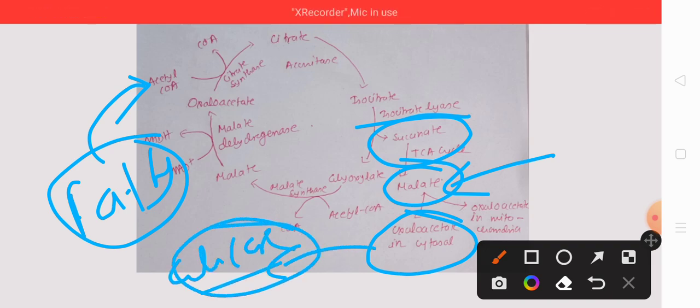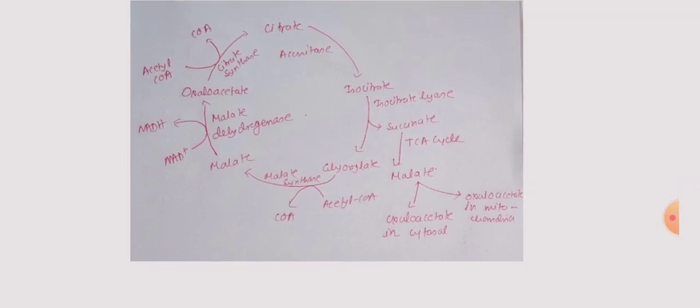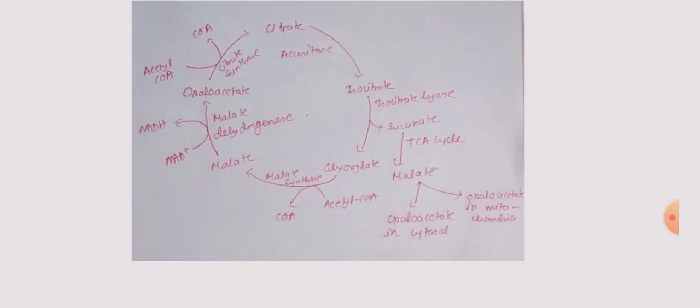So that's how in plants, bacteria, fungi and protists, carbohydrate can be generated from lipid. So that's the idea, and again, this is the entire glyoxylate cycle.